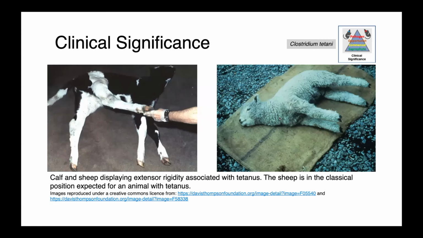If we look at the whole body of animals that are affected, here we have images of a calf and a sheep displaying extensor rigidity. You can see both of these animals look very stiff, and this sheep is actually showing what is apparently the classical position expected for our animal species with tetanus, rigidly extending out their legs and neck.